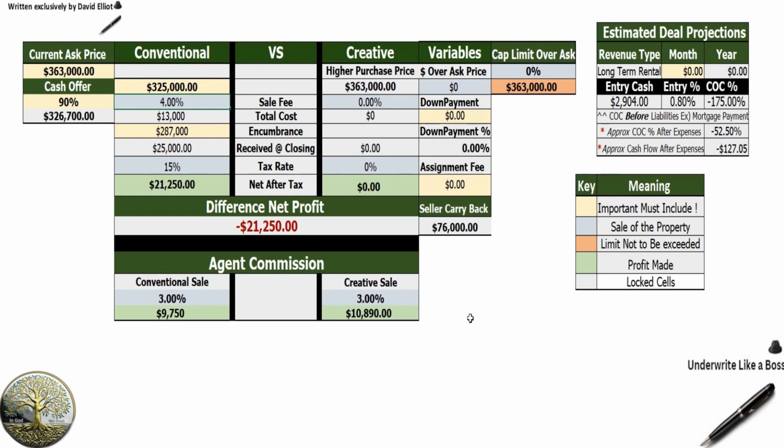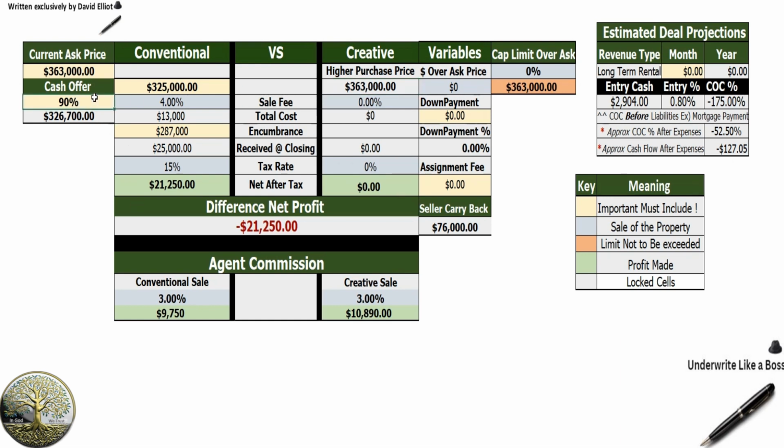And this would be my bluff cash offer that I could present to the seller. And so in a conversation such as this, I could tell them, I will pay you $325 in cash, or I will pay you $363 via creative terms. Which would you like? So that's how I would implement it.